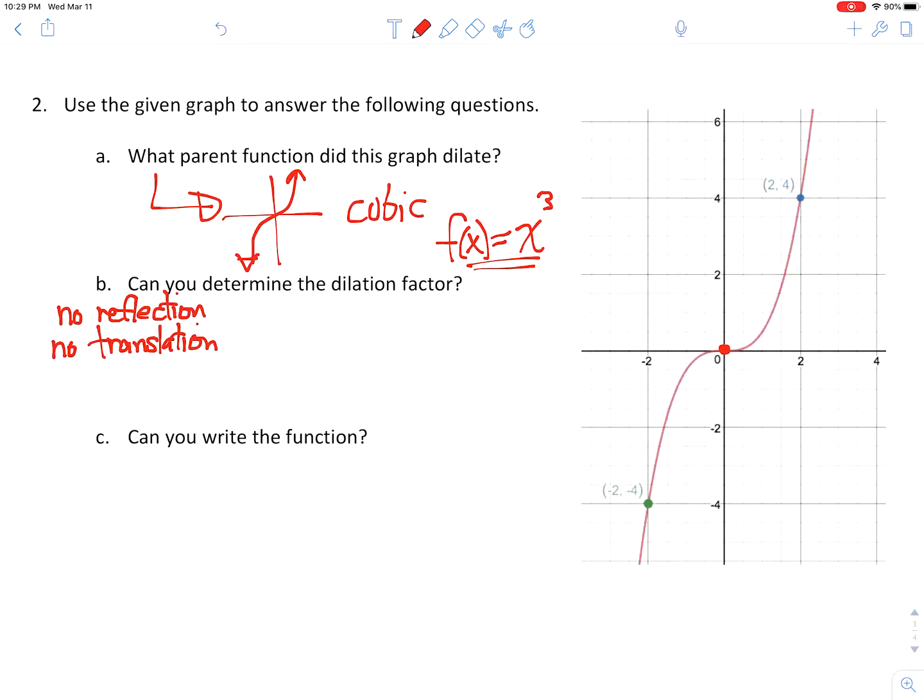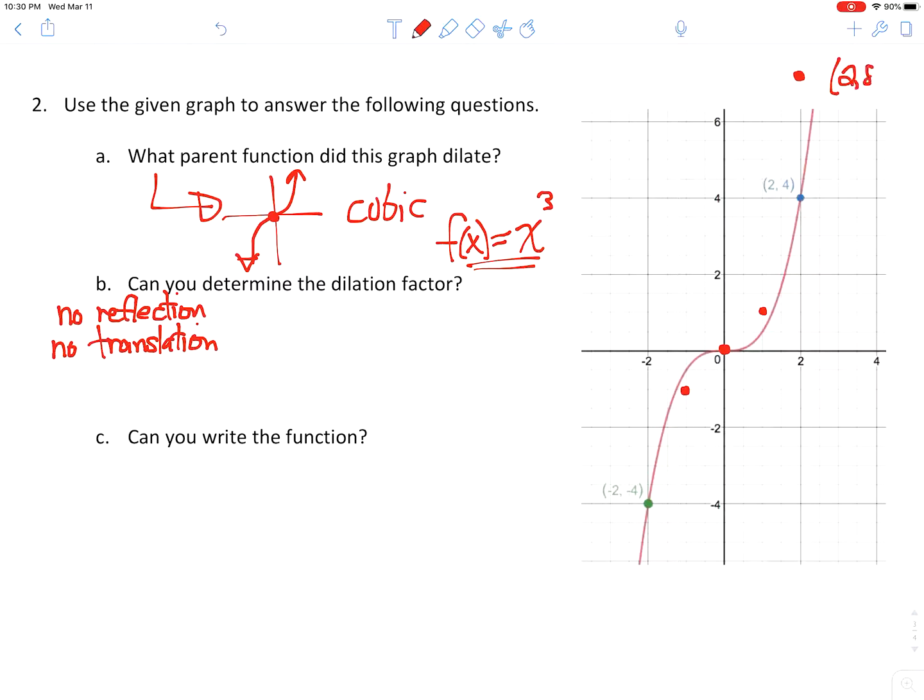Then to analyze this, I would lightly just sketch in what the original is. We have 0, 0. We have 1, 1. We have 2, 8. Negative 1, negative 1. This grid only shows the even numbers, so I don't see 1, 3, 5, and 7.